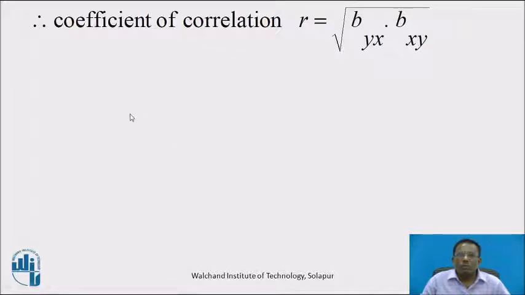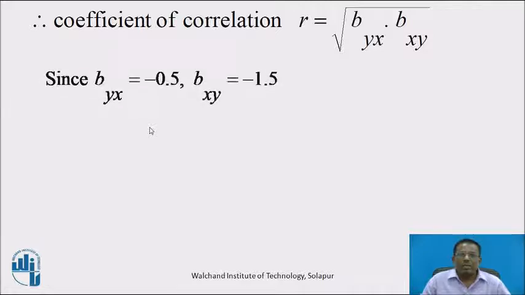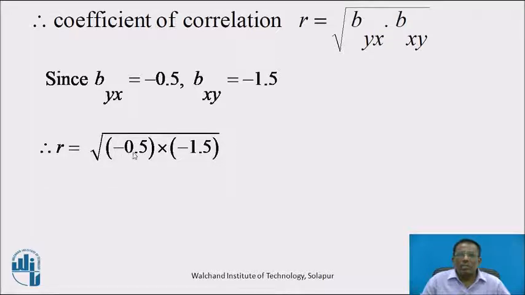Now, we have the relation between coefficient of correlation r and byx and bxy: r equal to under root b suffix yx into b suffix xy. Since byx is minus 0.5 and bxy is minus 1.5, r equal to under root of minus 0.5 into minus 1.5.